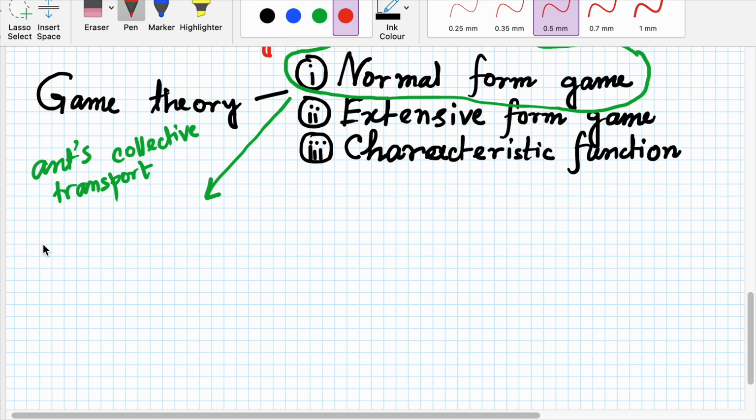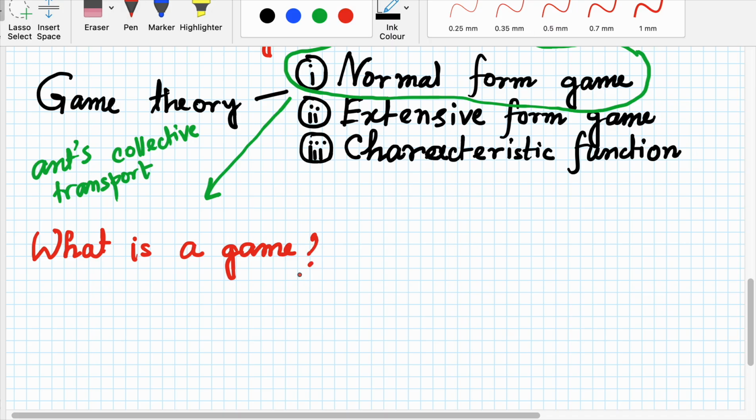Before that, let me introduce the definition of a game, making it mathematically precise. Then I will present the ant situation with the game, and you can see why I am saying that the above described ant transport is a game.